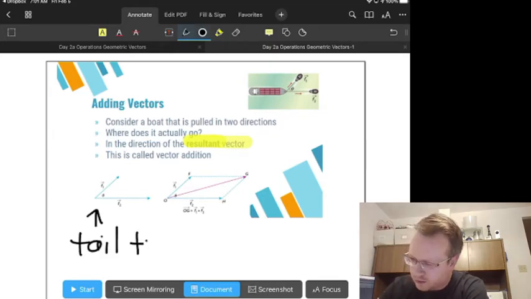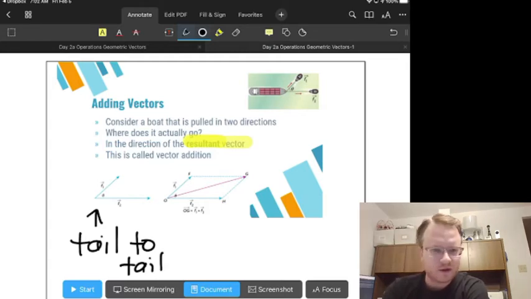So we can see the difference here. Instead of going over and then up, we're starting them both at the same source, and then we draw a parallelogram. So basically, we draw our original vectors here, and then we copy them over here, and then we connect from one diagonal to the other of the parallelogram.